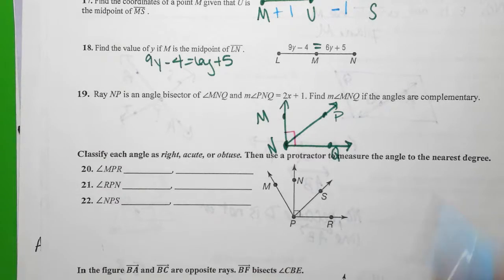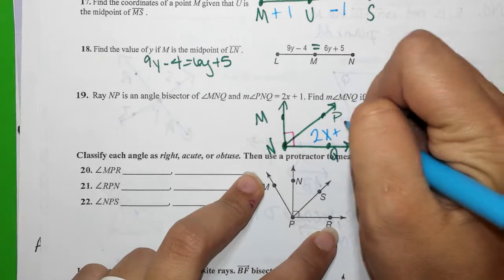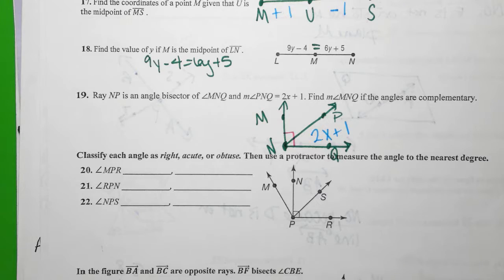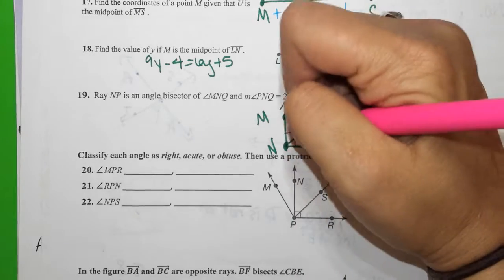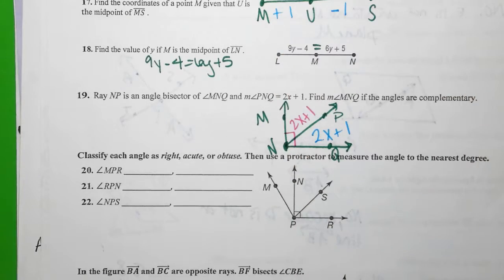Now, does it tell me what the measure of angle PNQ is? So if this is 2x plus 1, what does MNP have to be? And what would you do with those two? You would add them together and set it equal to 90. Or, since it's an angle bisector, what does that mean the angles have to equal? 45.